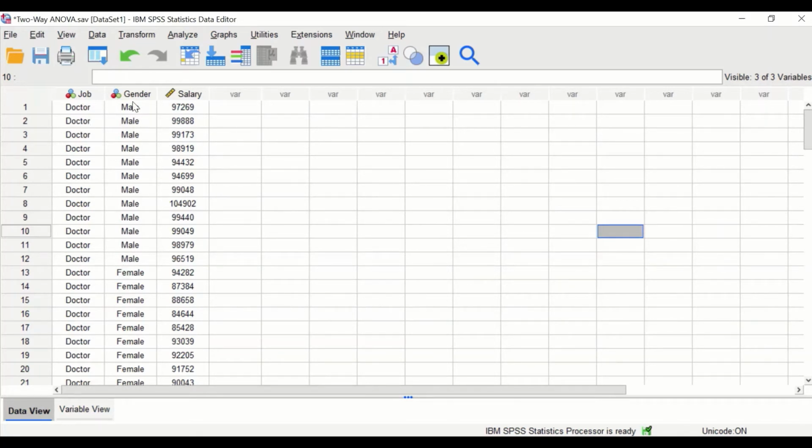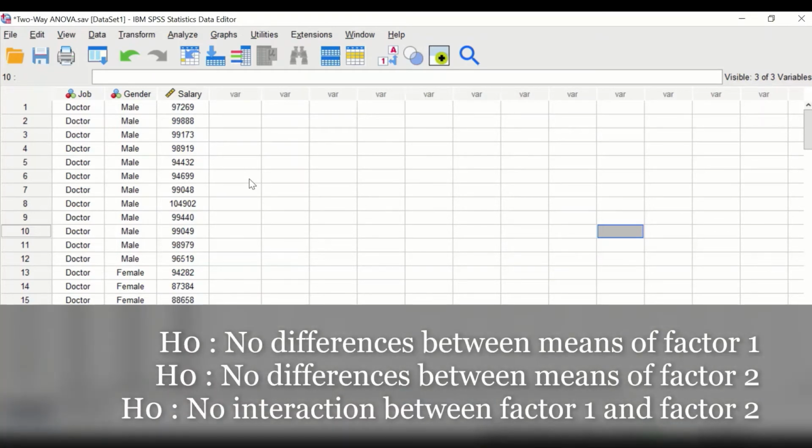And since we have here two factors, the way to do statistical analysis is to perform a two-way ANOVA statistical test, as we have here two factors. To do the test, 3 null hypotheses will be generated.